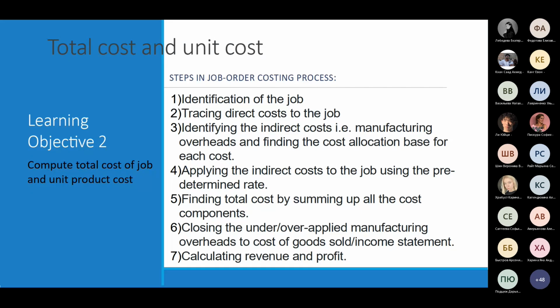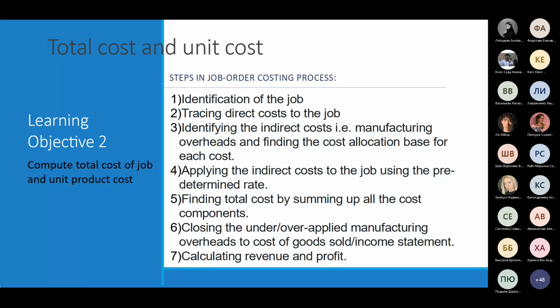But actually, we have done only 900 units, but not 1,000 units, and therefore our manufacturing overhead is underapplied because we used the smaller overhead rates to assign the overhead amount to the specified job.